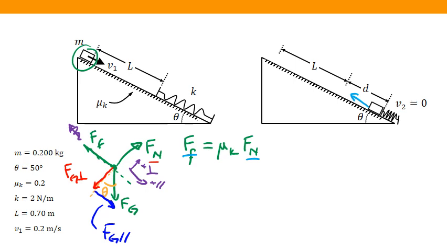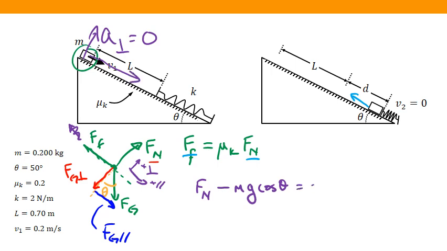And so in the perpendicular direction, I've got the normal force minus the perpendicular component of gravity, that's going to be mg cosine of my angle. And I don't expect any acceleration in this direction. The acceleration in this perpendicular direction has to be 0 because I'm just accelerating down the hill.